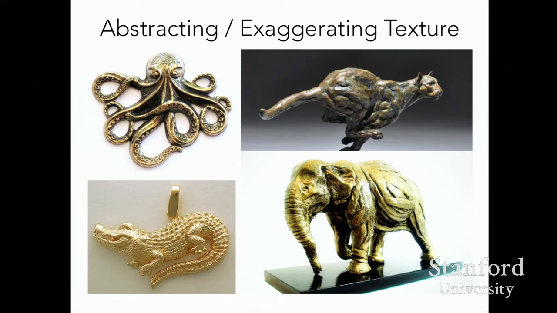So in these cases, the textures of these various animals have been exaggerated to emphasize some of the features of these objects. And there may be different reasons for exaggerating and abstracting away texture, but this is clearly a technique that artists use as well.